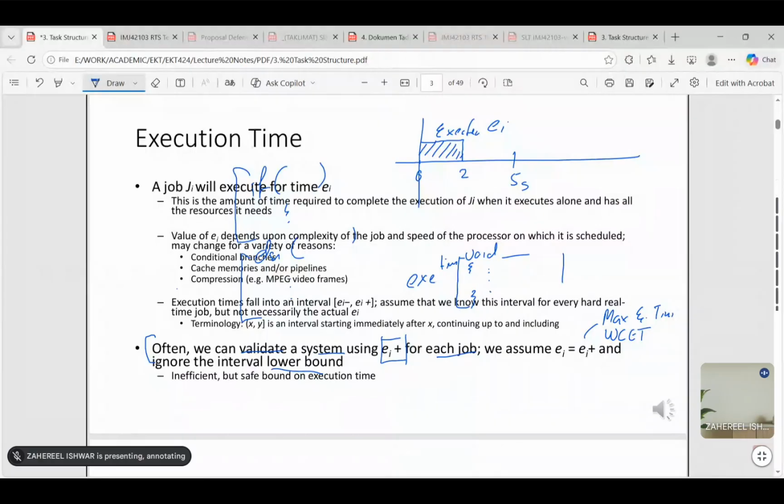In the case of real-time system, now think about this, right? Again, your car braking example, right?